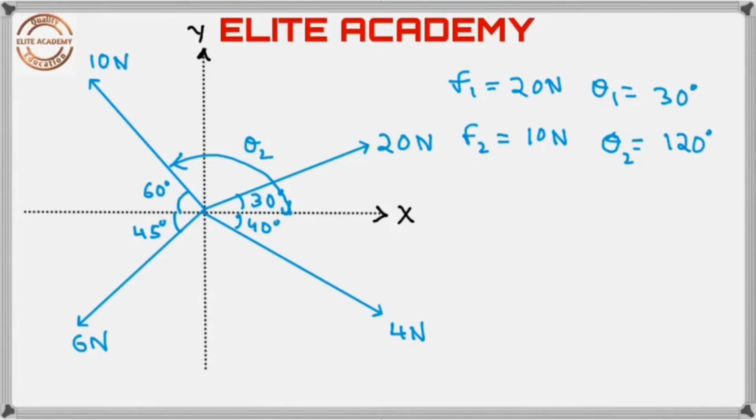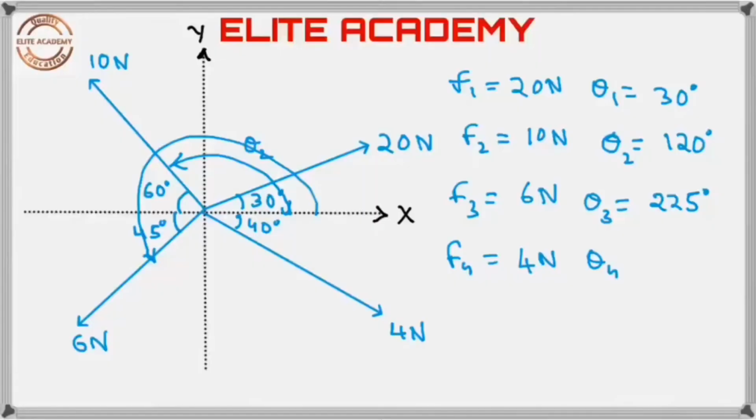And the third force is 6 newtons. F3 is equal to 6 newtons, and its angle from positive x-axis measured in anti-clockwise direction, that is theta 3, is equal to 225 degrees, 180 plus 45, 225 degrees.